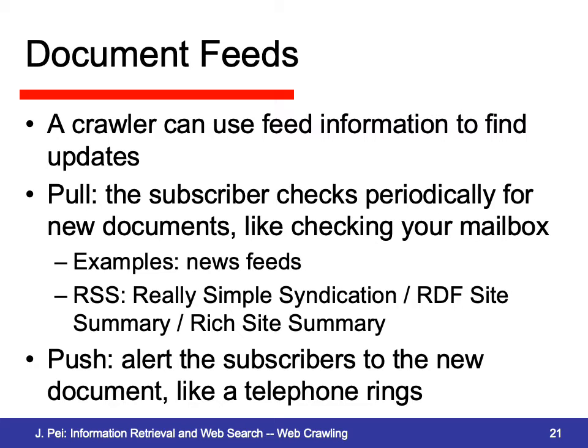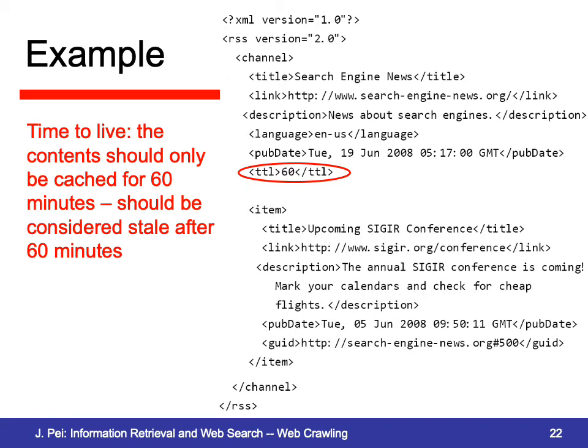Instead, feeds can provide push services. It can alert the subscribers to the new documents, like a telephone ringing. So the subscriber can decide whether to access the updates given the alerts. Let's look at one example here. In this case, we have one field, TTL 60.